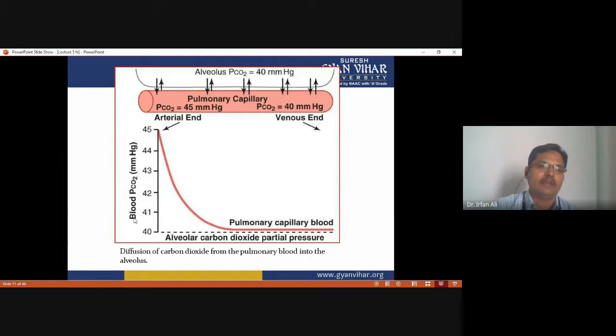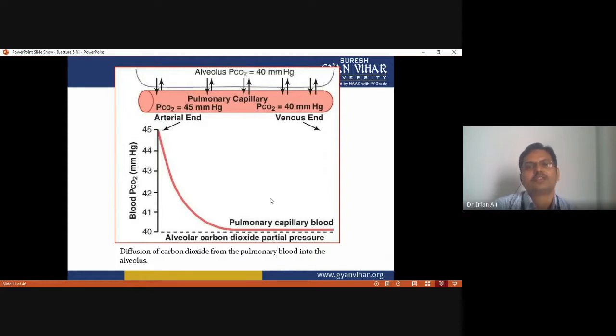This is the blood partial pressure of CO2, and on the x-axis is the alveolar carbon dioxide partial pressure. This is the arterial partial pressure of carbon dioxide, and this is the pulmonary capillary blood partial pressure.